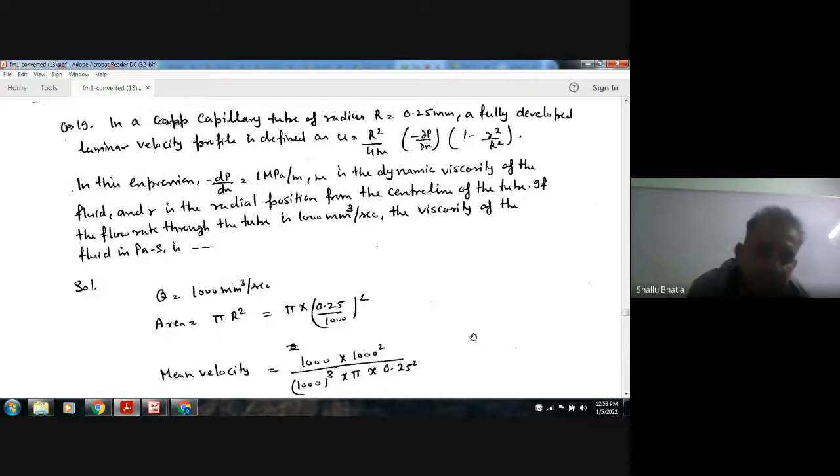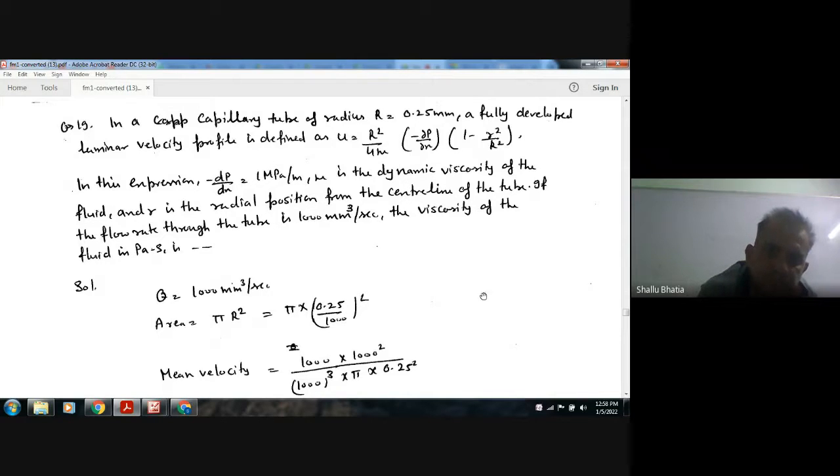In the expression, minus dp by dx is equal to 1 megapascal per meter, mu is the dynamic viscosity of the fluid, and r is the radial position from the center line of the tube. If the flow through the tube is 1000 cube per second, find the viscosity of the fluid.